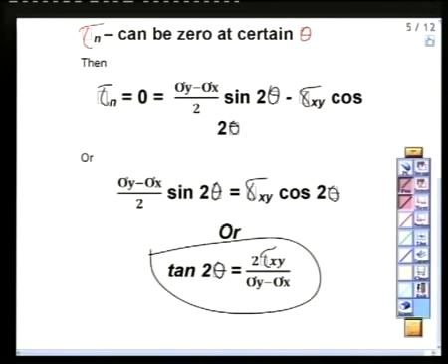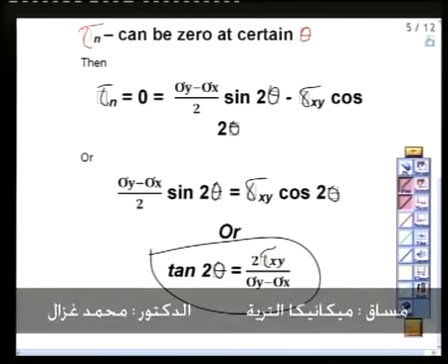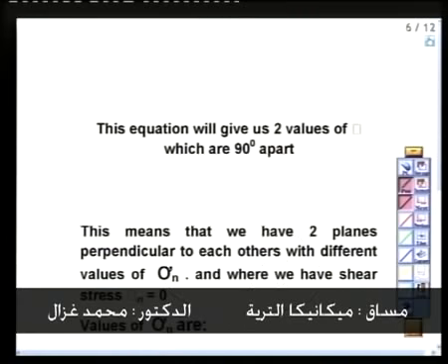This is important. What angle, you asked me? There is no such specific angle. When I have tan 2 theta equals 2 tau xy divided by sigma x minus sigma y, then I will end up with tau equals 0. It means I don't have shear stress.